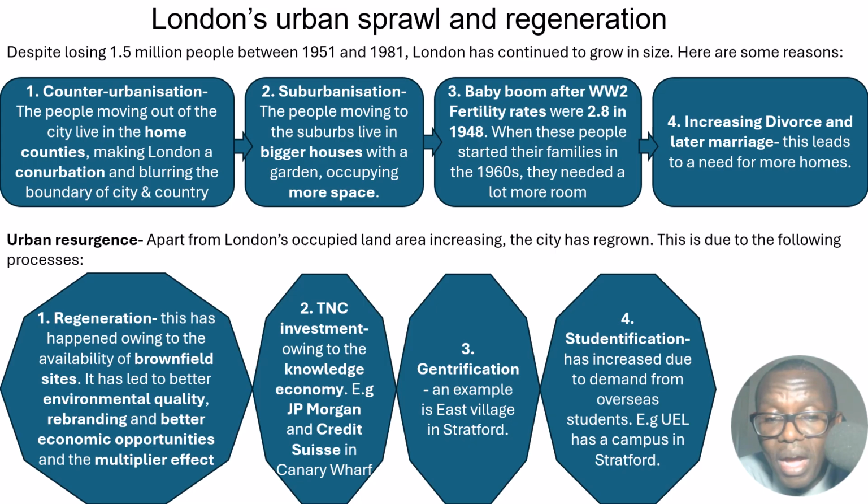UK universities have seen an increase in the number of overseas students, and this has led to studentification within London. An example here is the University of East London, which also has a campus in Stratford.